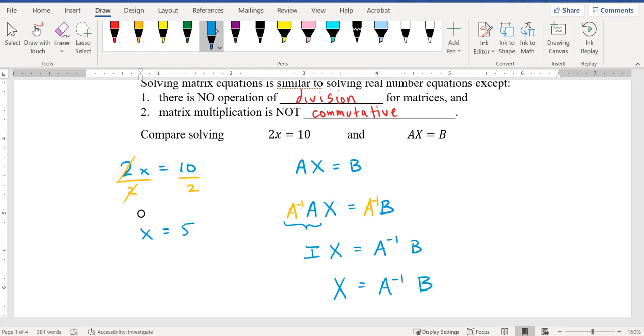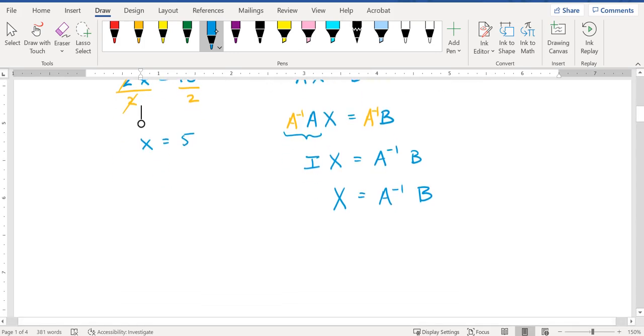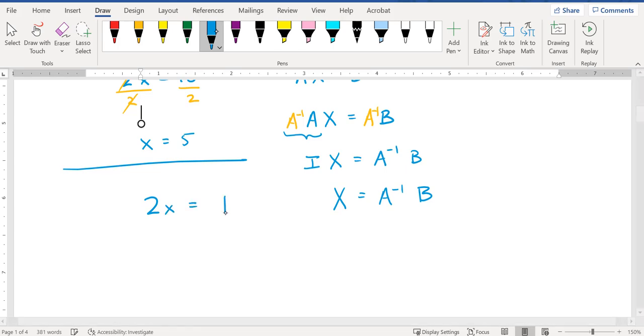Now going back over here to the left, we could do it that way with this equation as well. 2x equals 10. I'm going to think about multiplying both sides by the multiplicative inverse, 1/2. Now, what is 1/2 times 2? It's just 1. So I get 1x equals 1/2 times 10. 1 times x is just x.